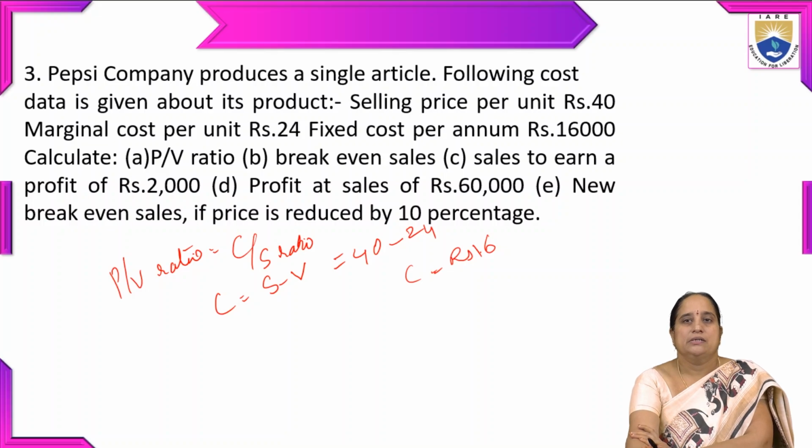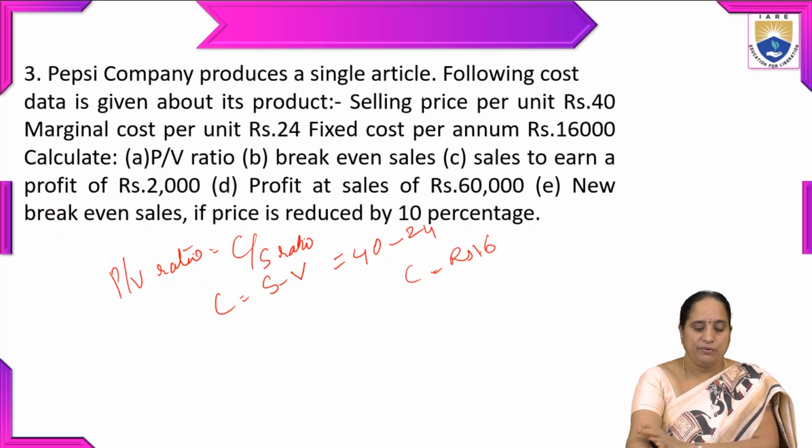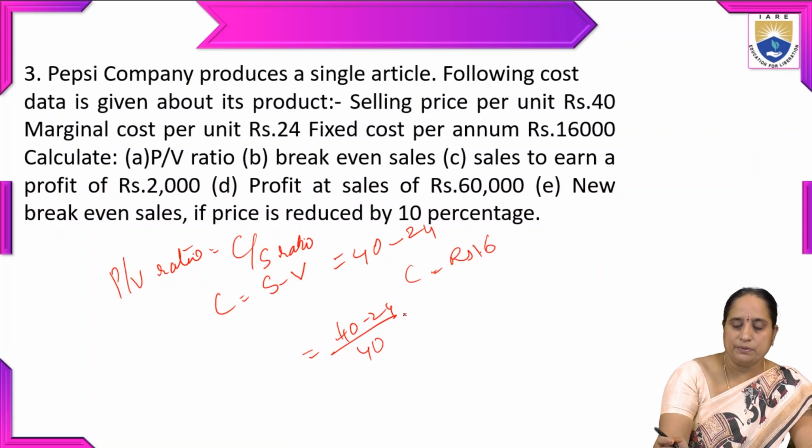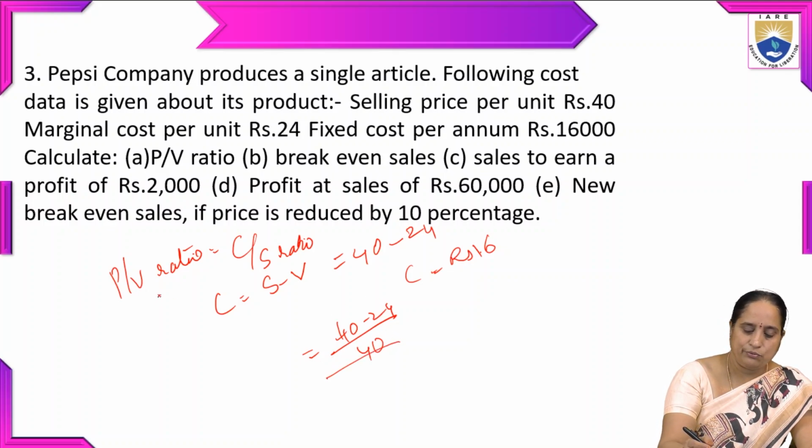Then next, break-even sales. A PV ratio we have to calculate. So PV ratio is equal to 40 minus 24 divided by sales, 40, into 100% in case of value given, but here we have been given only per unit values. So by using this, we find out PV ratio.